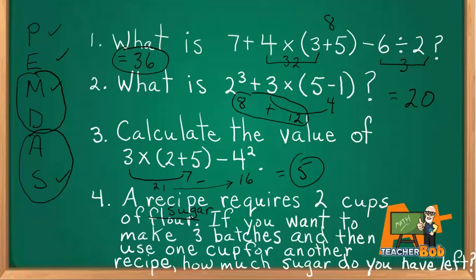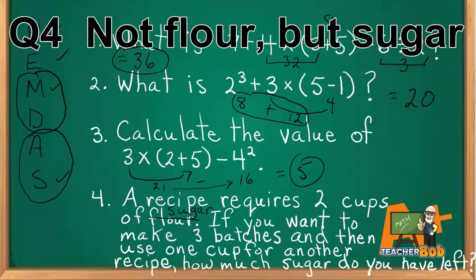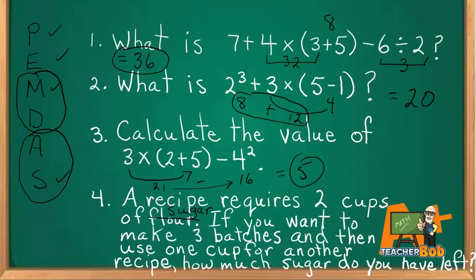If you want to make 3 batches and then use 1 cup for another recipe, how much sugar do you have left? So we want to know, how much sugar do you need to make 3 batches plus have an extra cup left of sugar?